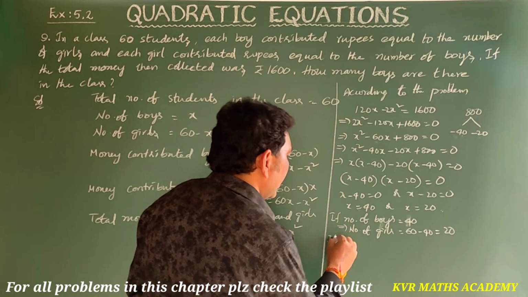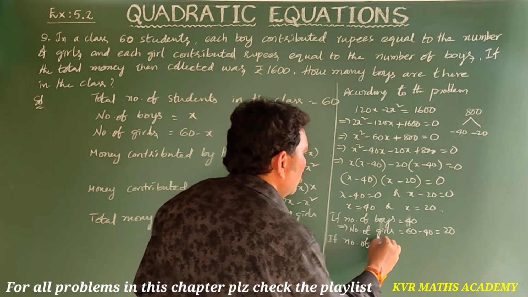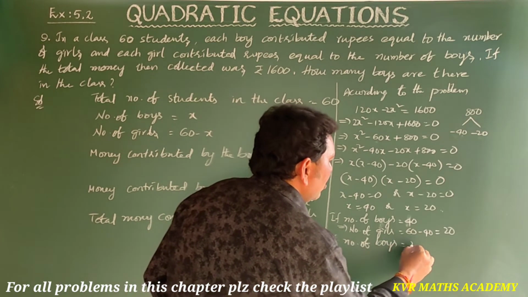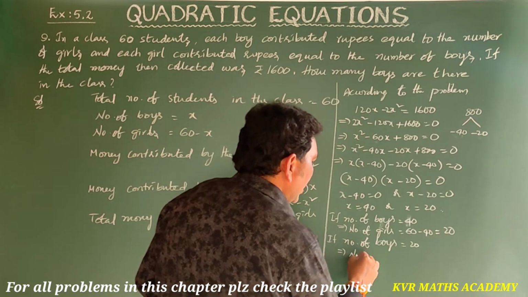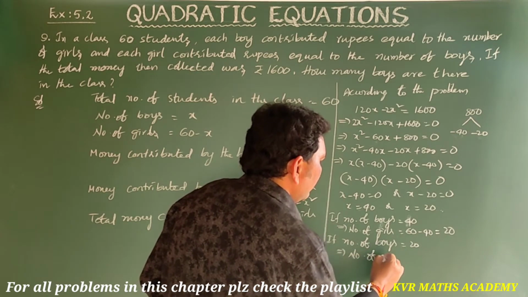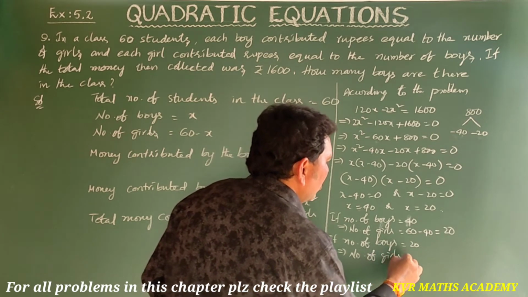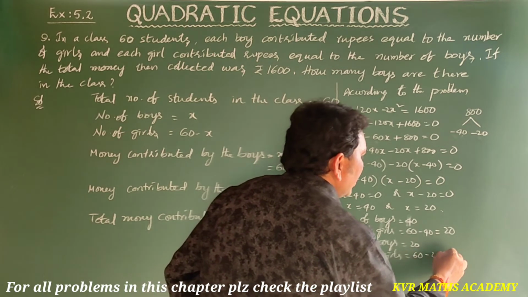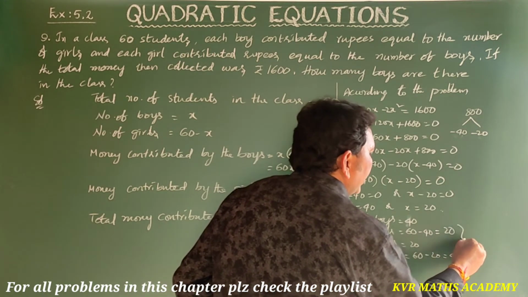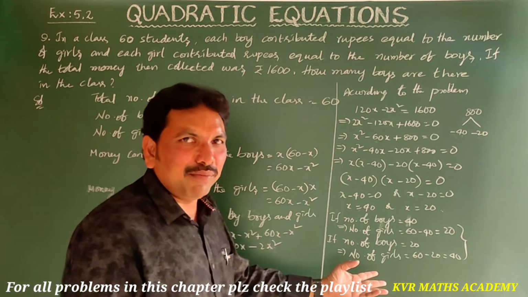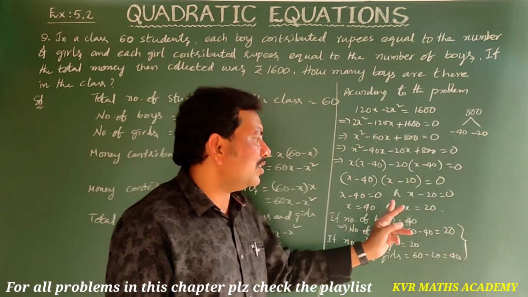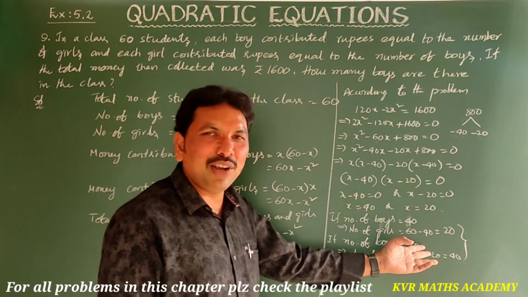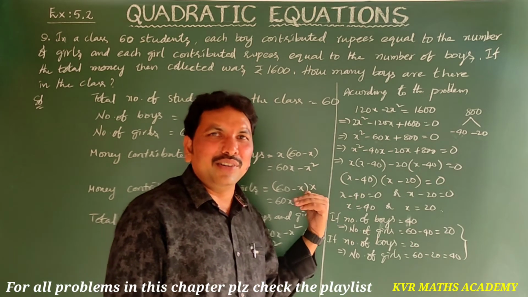Next, in the second case, if the number of boys is equal to 20, that implies the number of girls is equal to 60 minus 20, that is equal to 40. So 20 and 40 are the required numbers. 20 plus 40 is equal to 60, as we got. Have you understood about this? Yes. Note it down.